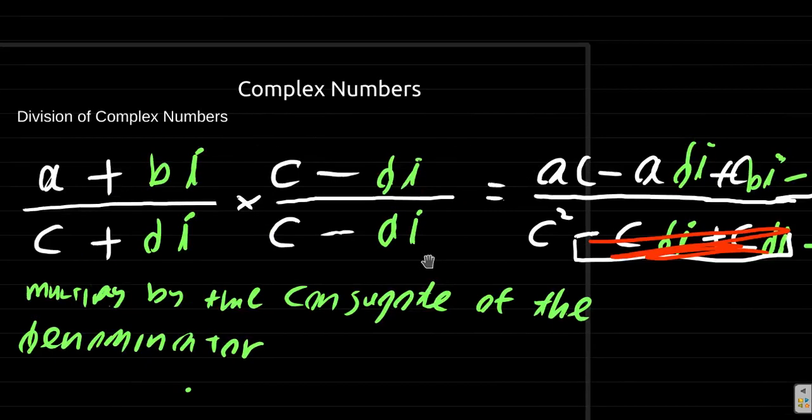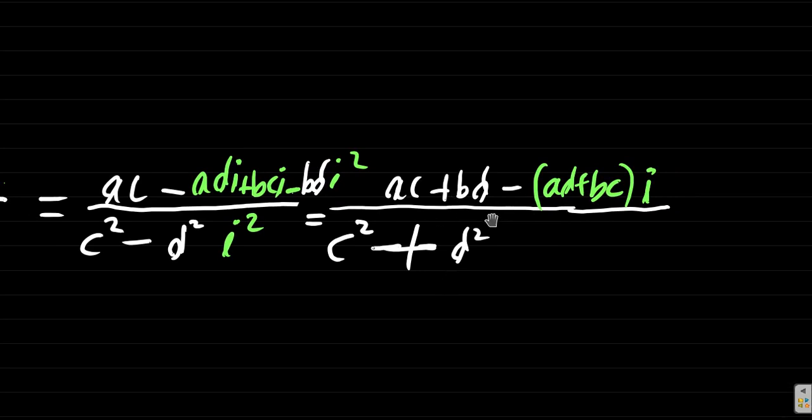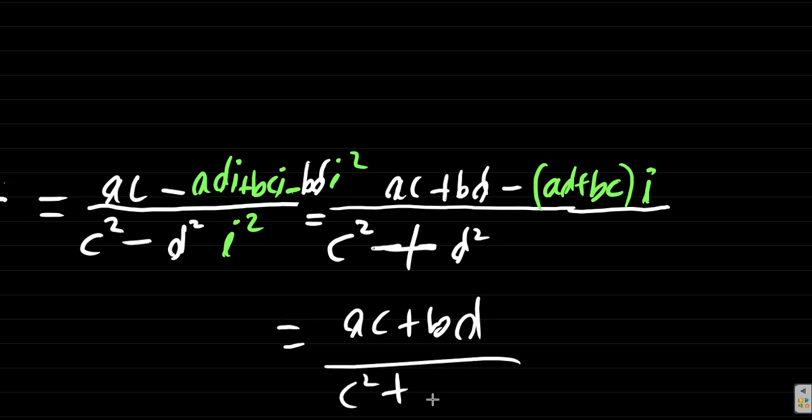Alright? Remember up here, it happens to be number plus number i. And by the way, hold on. I missed this part out. AC plus BD over C squared plus D squared, then plus, notice what happened?